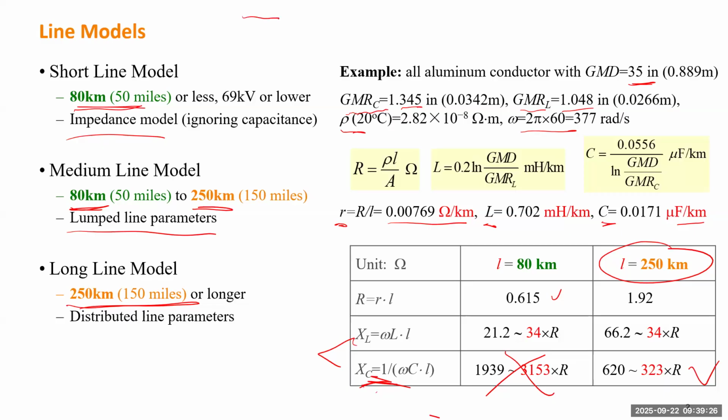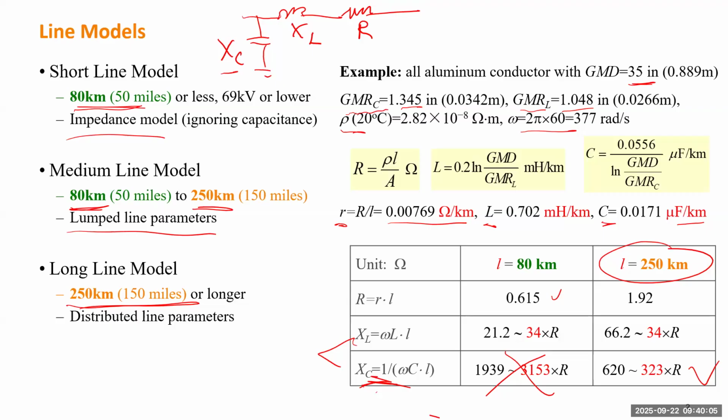So what we're talking about is, if this is the inductive reactance, there's a resistor, and there could be some capacitance. That transmission line can be roughly considered by this circuit. This is R, this is X_L, this is X_C. For a short line, X_C will be 100 times X_L, which means we can just ignore this X_C, this shunt branch.